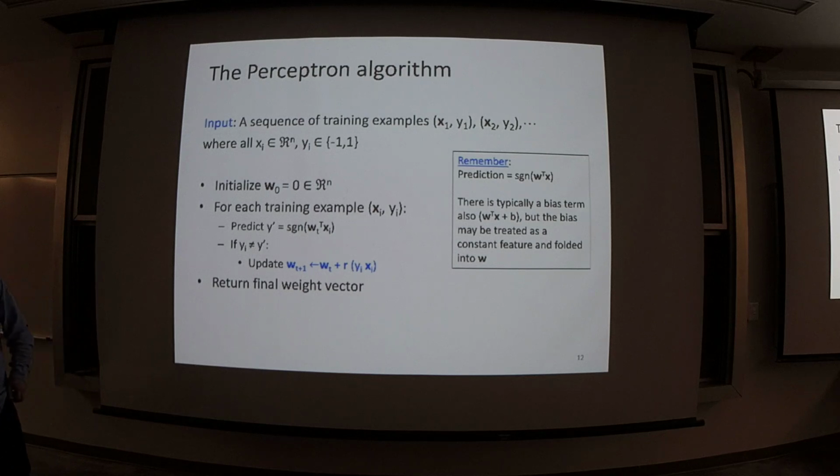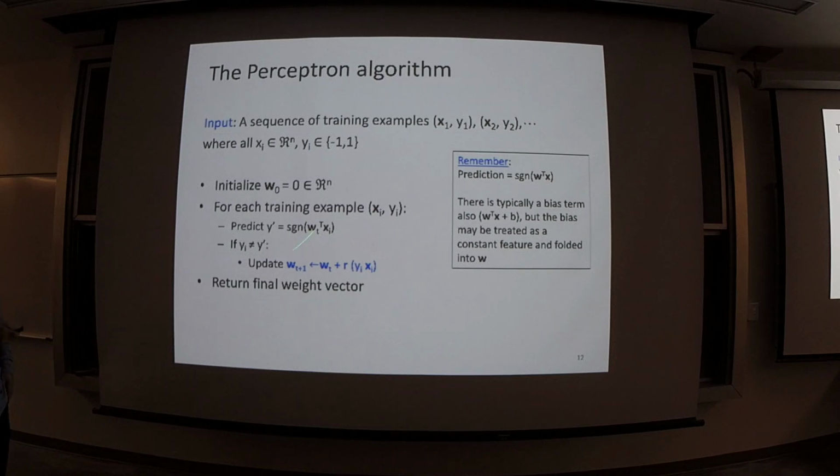And then we'll look at the next example, say xi plus 1. And again, I first make a prediction with my current weight vector, say Wt plus 1, right? And if I'm wrong, I apply this rule again to make updates. Otherwise, I just skip that example and look at the next example.